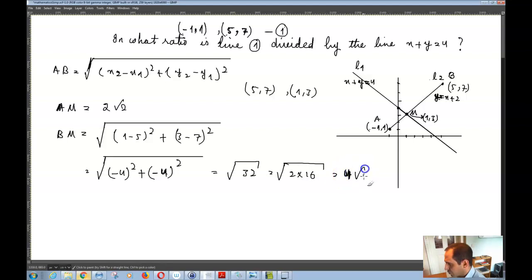And so BM is equal to 4 square root of 2.